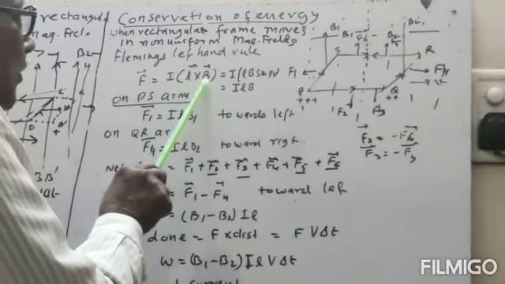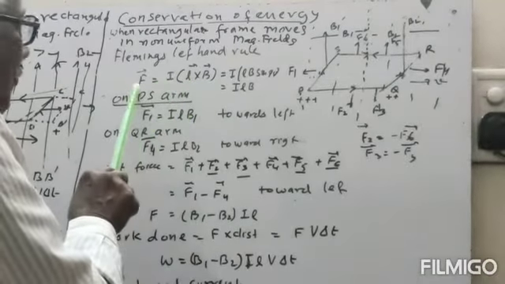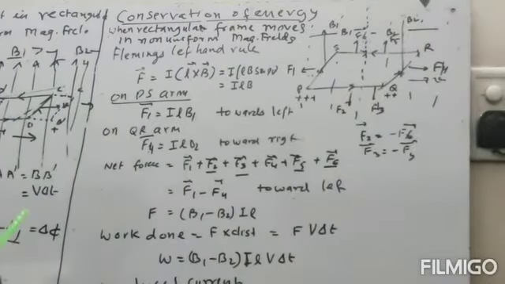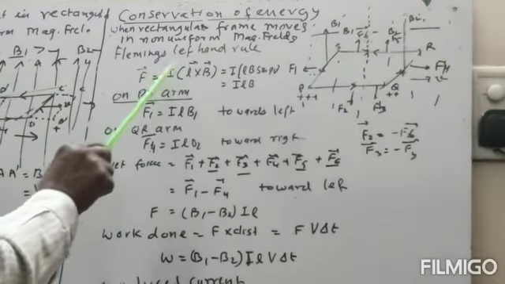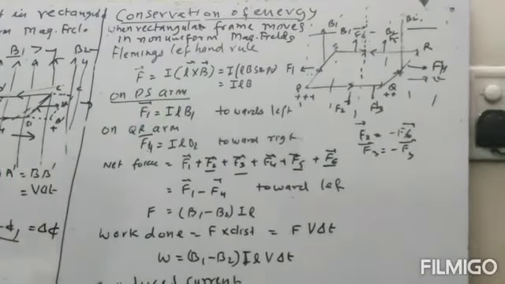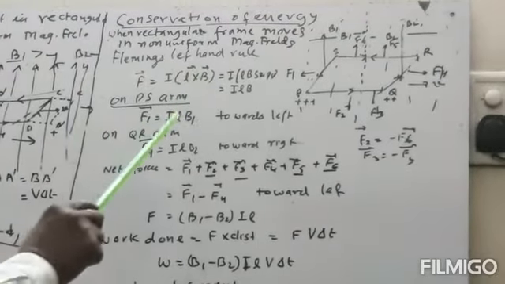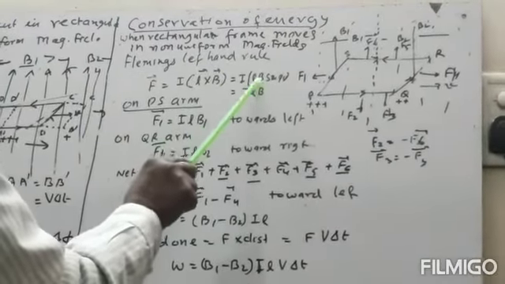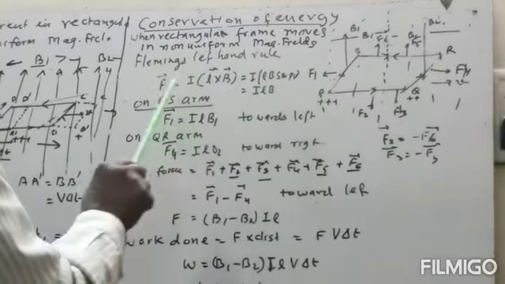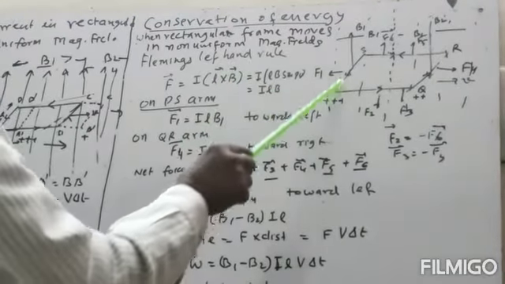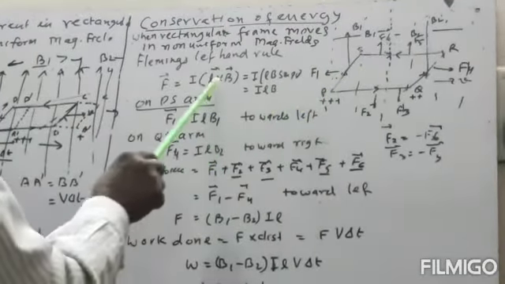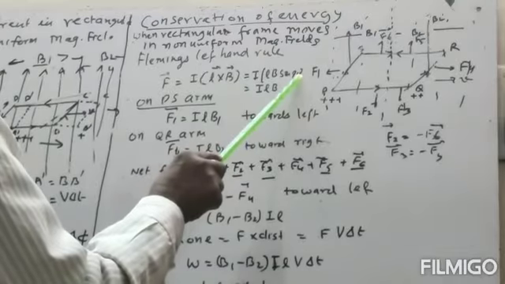I is the current flowing, L is the length, B is the magnetic field. Since they are perpendicular, the force by Fleming's left hand rule will be equal to I multiplied by the cross product of length and magnetic field, which is I L B sine theta, and the angle between current and B is 90, so sine 90 is equal to 1.